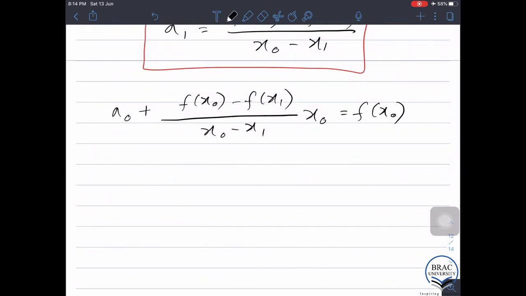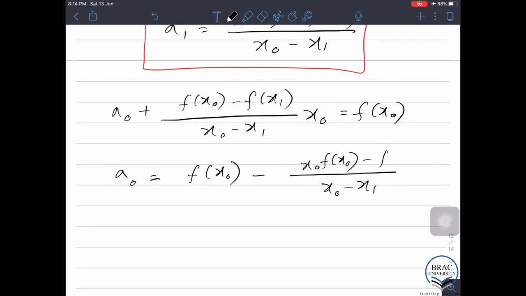Okay, so I need to take it on the other side. So a0 is equal to f of x0 minus x0 times f of x0 minus x0 into f of x1, all divided by x0 minus x1.